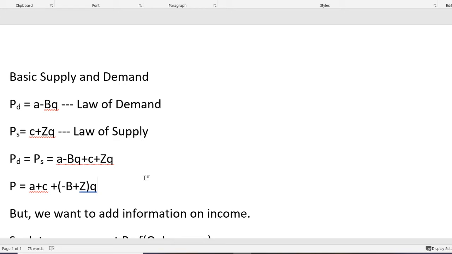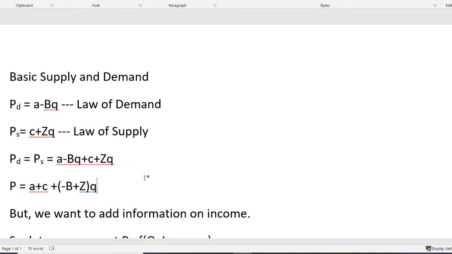We know there's a law of supply. We know there's a law of demand. And as business people, we are less concerned with the slope of the demand curve than with how responsive supply and demand would be to a change in price. So we might not be interested in the pure economics of this.